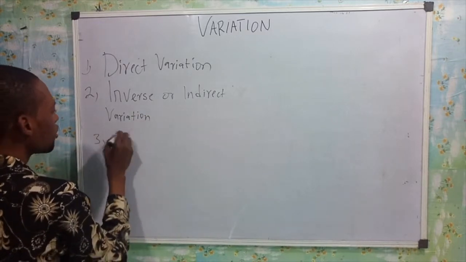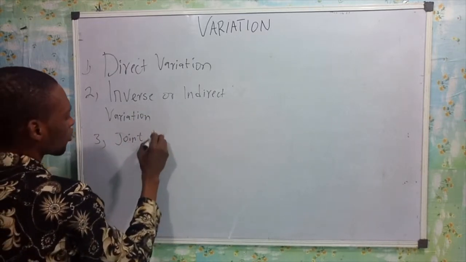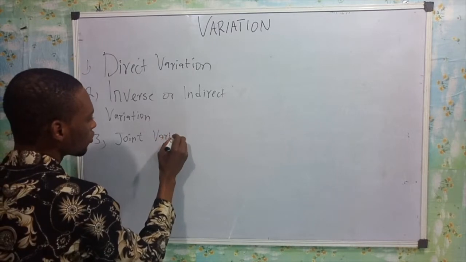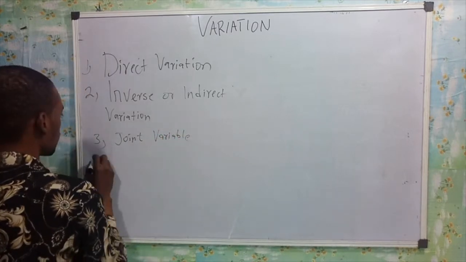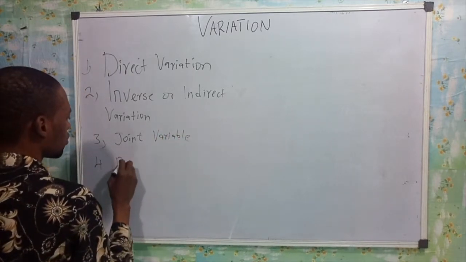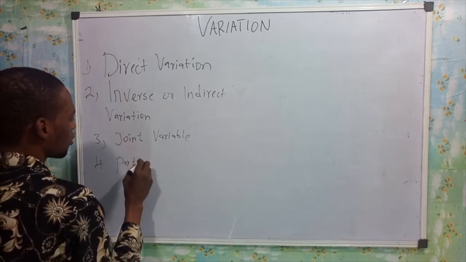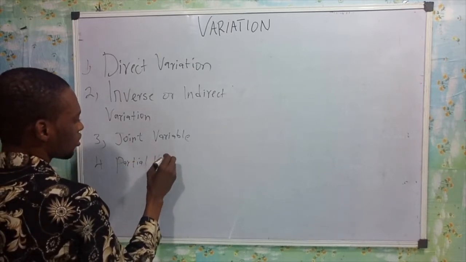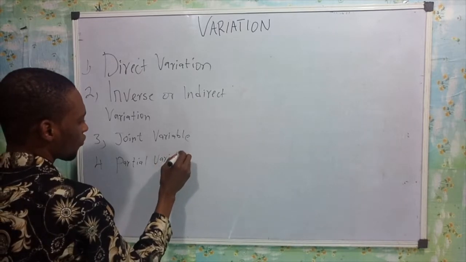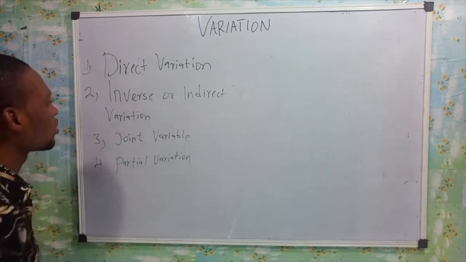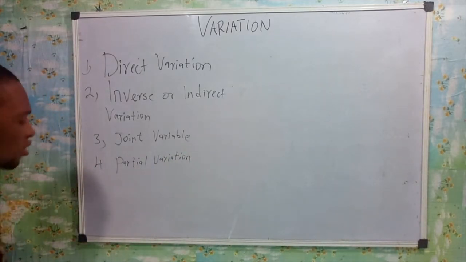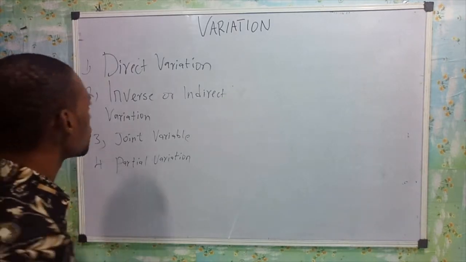So you're expected to know joint variation. So these are the 4 types of variation you are expected to know according to JAMB.